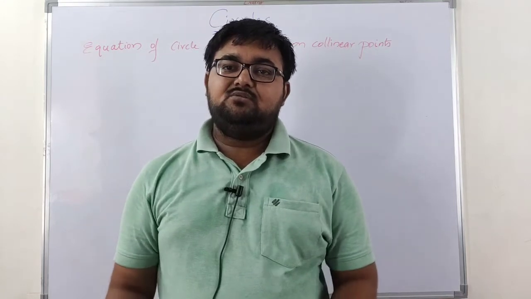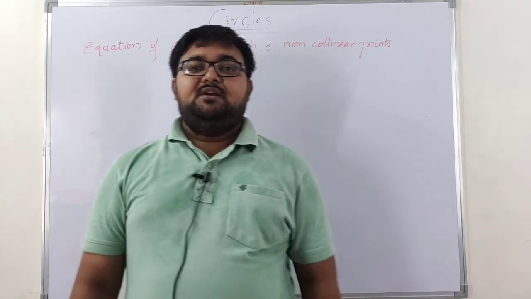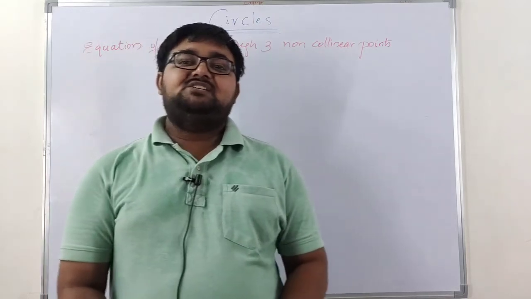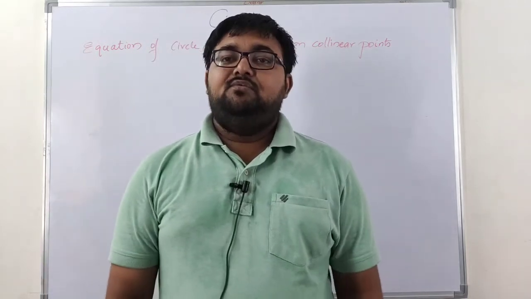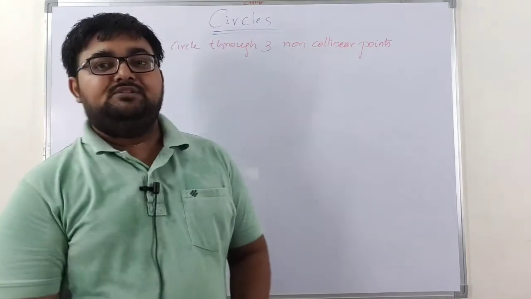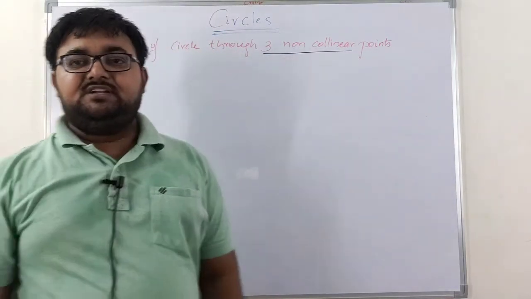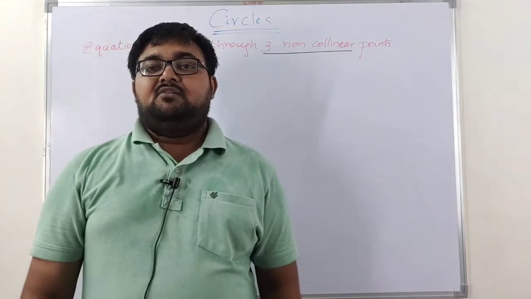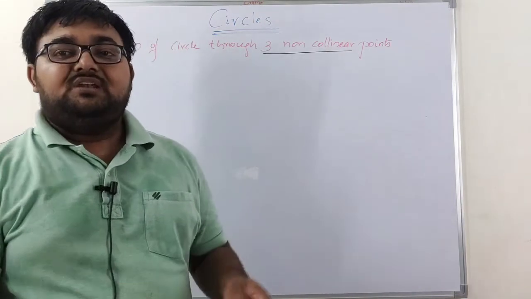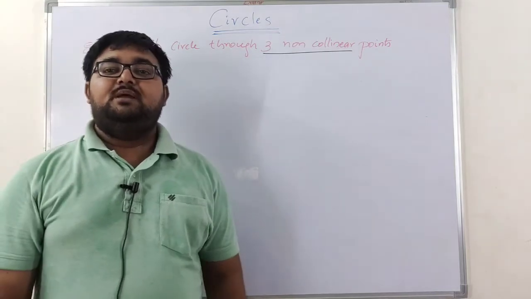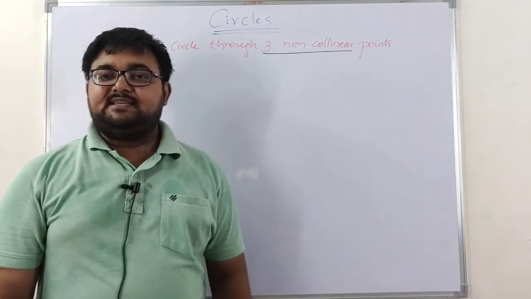If 3 points are collinear, then we cannot draw a circle which passes through all the 3 points. So we need to make sure that all the 3 points are non-collinear. This is the first condition that should be satisfied. Whenever you have 3 non-collinear points, you are able to find the equation of the circle.